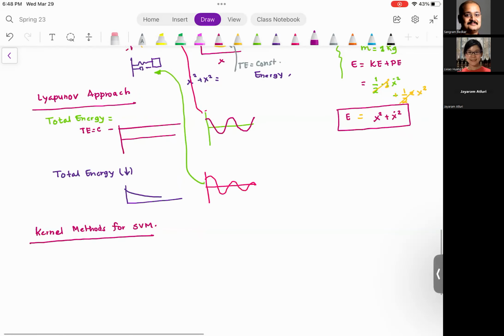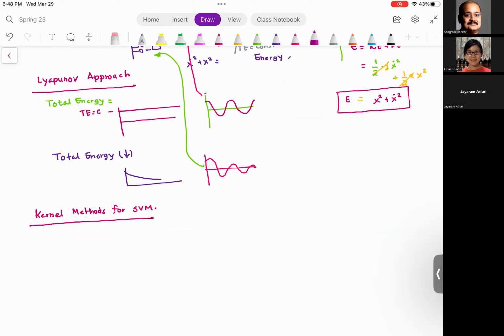But coming back to the kernel method for SVM, the problem here is something called the curse of dimensionality.